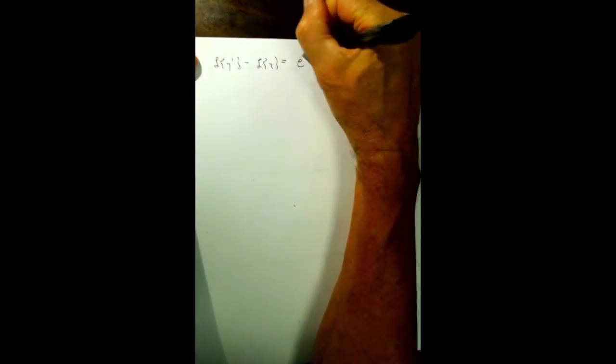So let's rewrite that. Laplace transform of y prime minus Laplace transform of y is e to the minus 3s times the Laplace transform of t squared plus 6t plus 9.